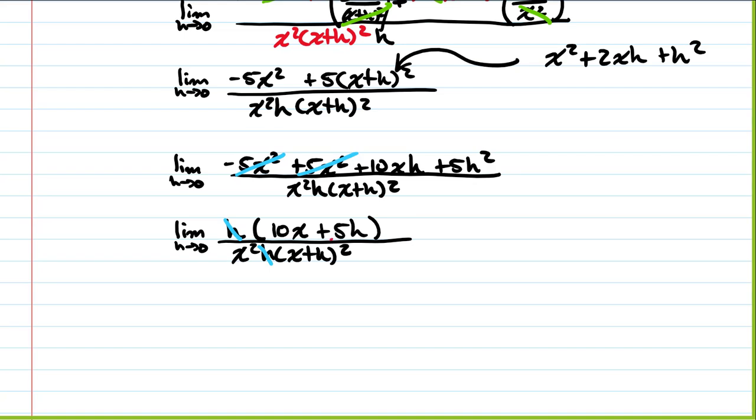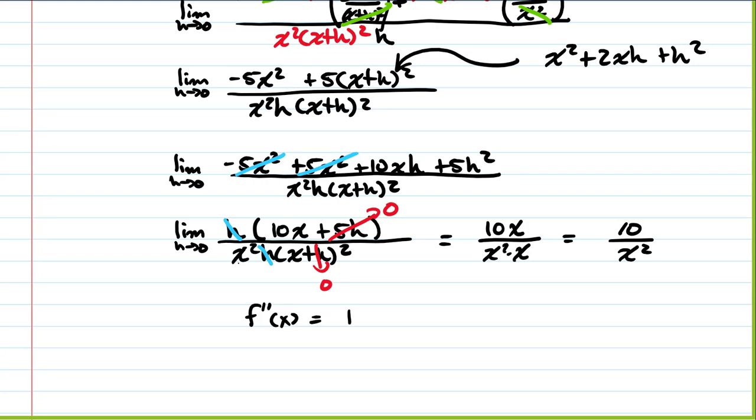So as h goes to 0, 5h goes to 0, and h goes to 0, and we're left with 10x over x squared times x, which will reduce to 10 over x squared. So our second derivative, f double prime of x, is equal to 10 over x squared.